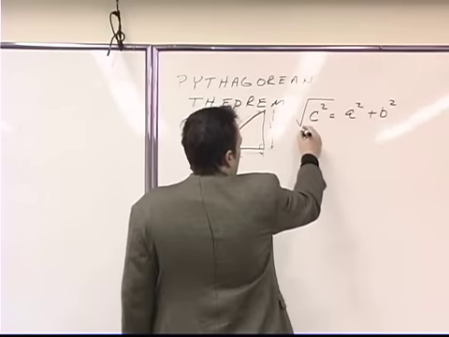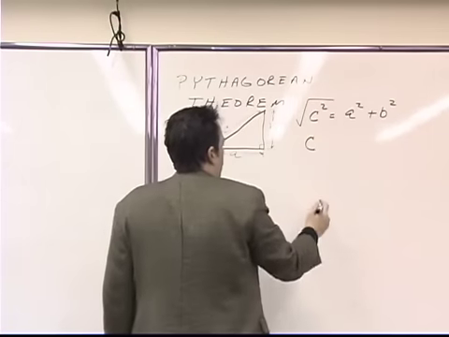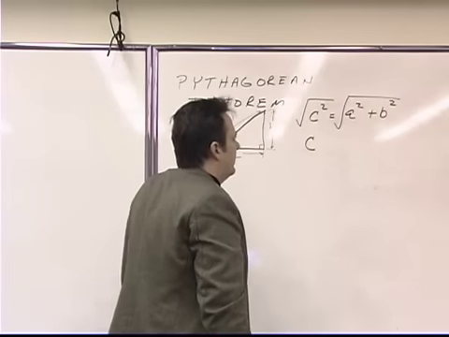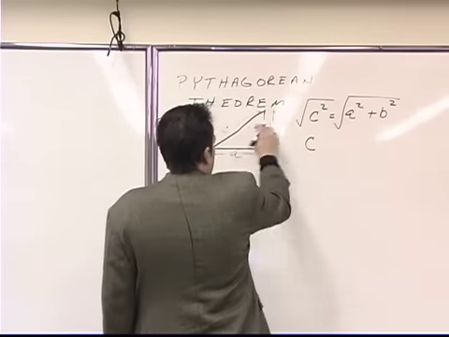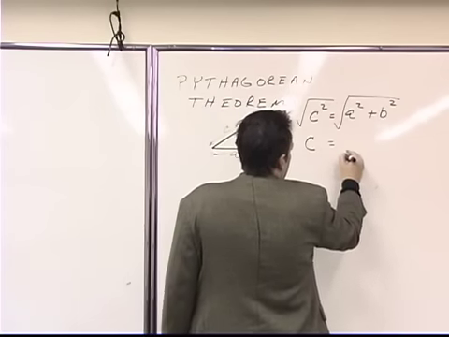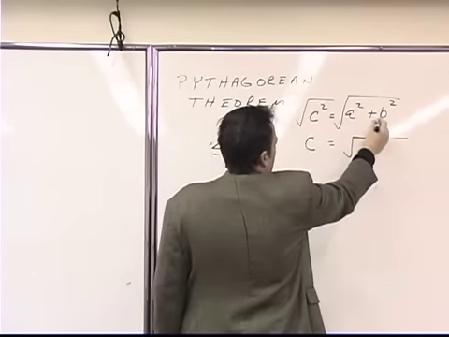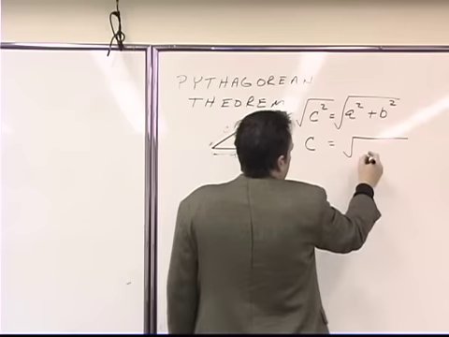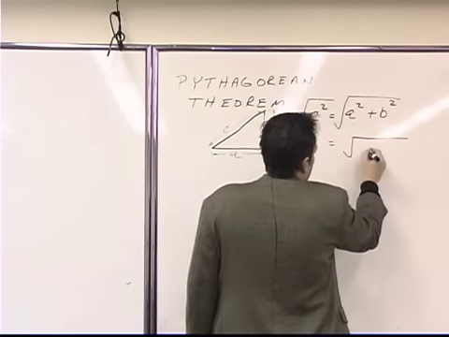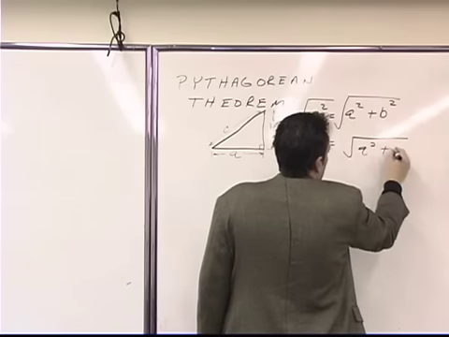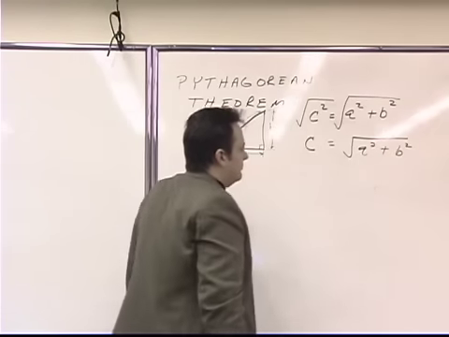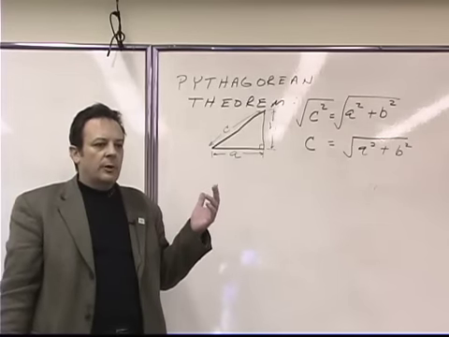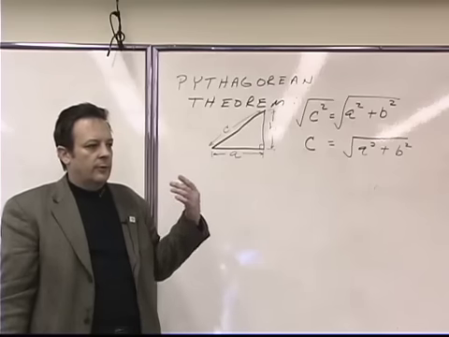If we take the square root of the left side of the equal sign, then we have to do the same thing on the right side of the equal sign, and so C, or the length of the hypotenuse, would be equal to the square root of the sum of the squares of the horizontal and vertical lengths. So C would be equal to the square root of A squared plus B squared.